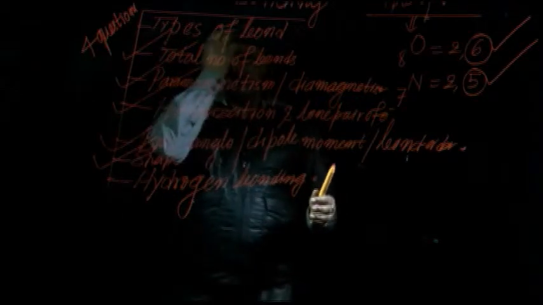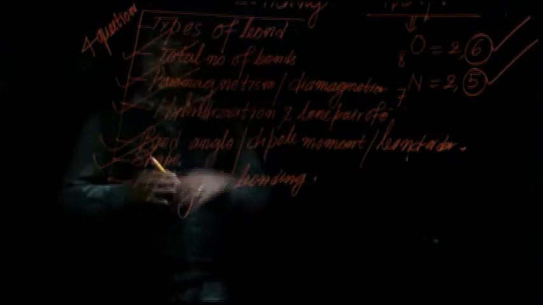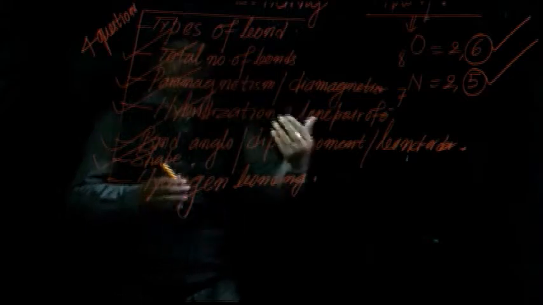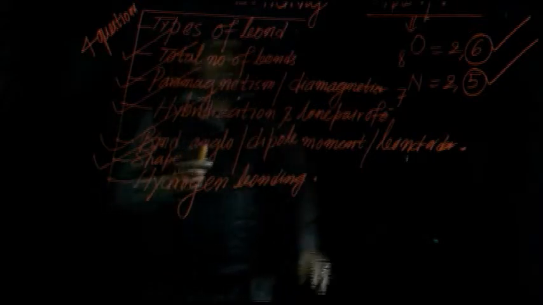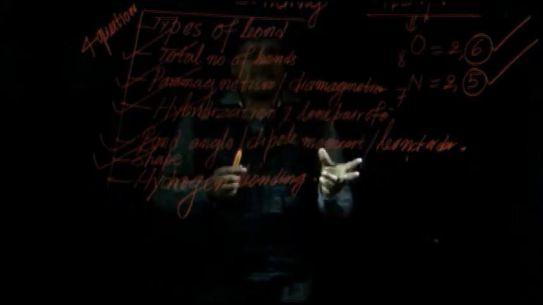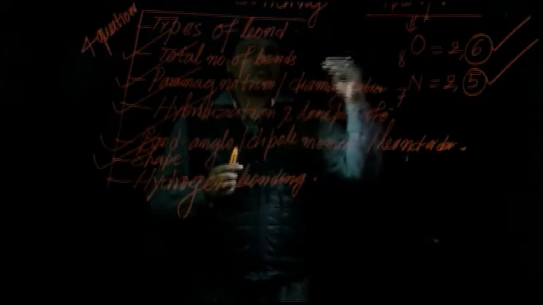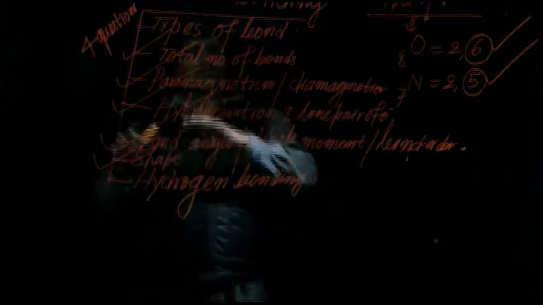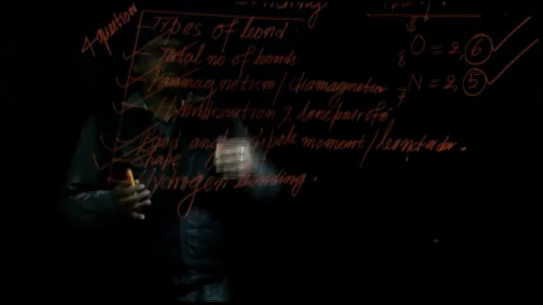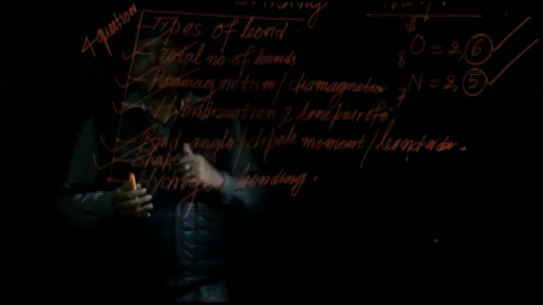In order to complete octet or duplet, or in order to complete its inert gas configuration, every atom or element has the tendency to form the bond. But due to the different nature of elements, metal or non-metal, there are different types of bonds also.